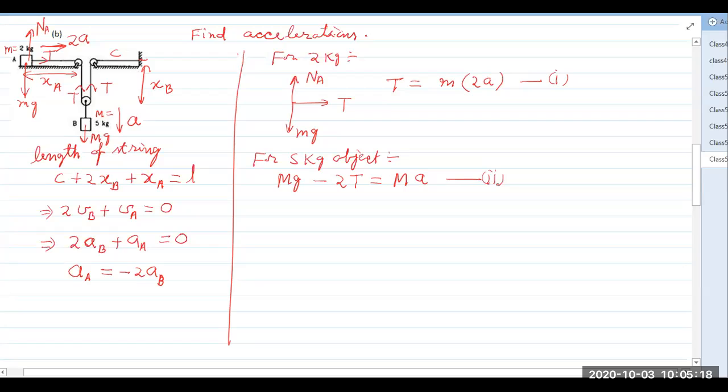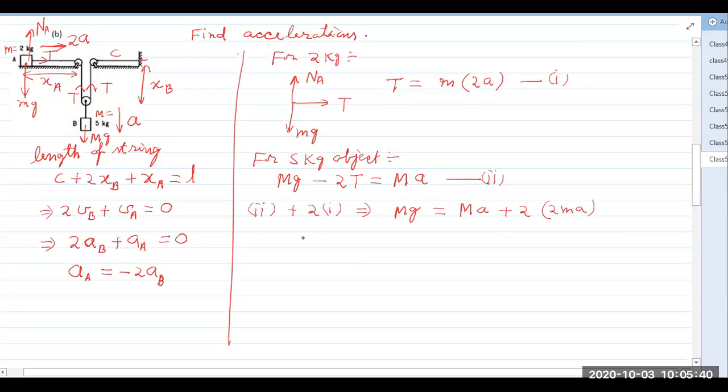To solve this, what we can do is equation 2 plus double of equation 1. If you do this, so T and 2T will get cancelled, and we will have Ma and 2ma.